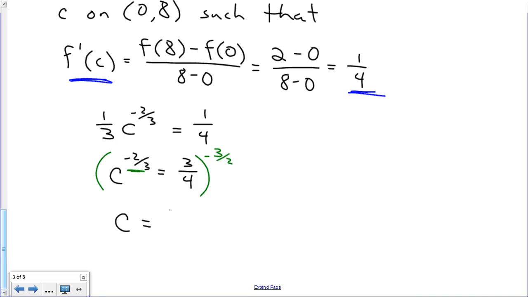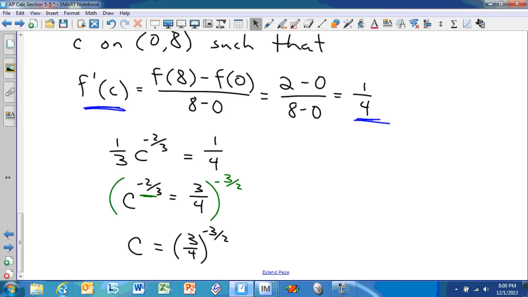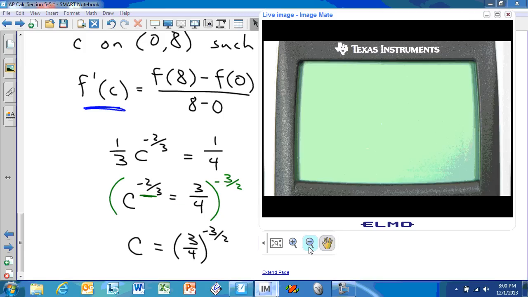What does c equal? Turns out it's equal to 3/4 raised to the negative 3/2 power. I don't think I would worry about finding the decimal approximation of it, but you certainly can do that. This is sufficient to leave it in that form, but let me go ahead and punch that in our calculator.